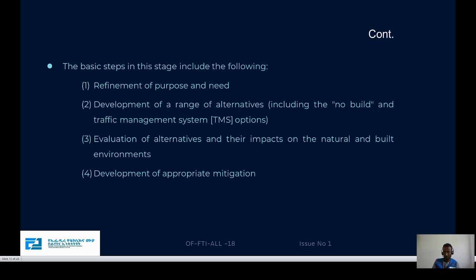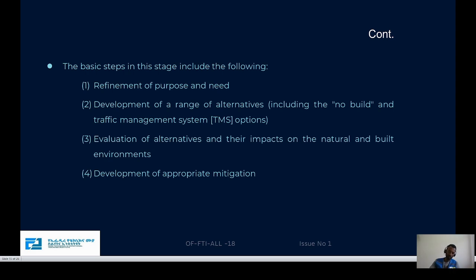Then the addition of lanes and widening of lanes. So this evaluation considers what percent the capacity increases, and also deals with the economics, the money or the costs.